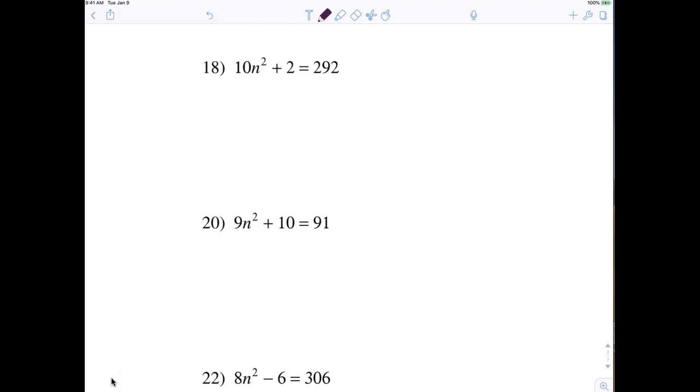Number 18. 10n squared is equal to 290. Then n squared is equal to 29. So n is equal to what is it?